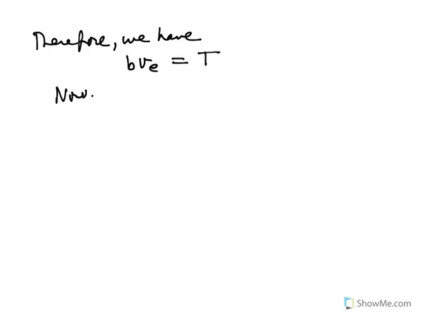So we know that b times v_E is equal to T. So now assume that v_E is constant.